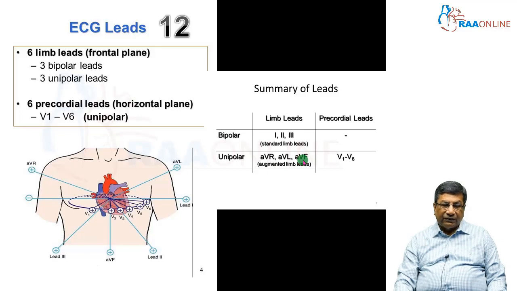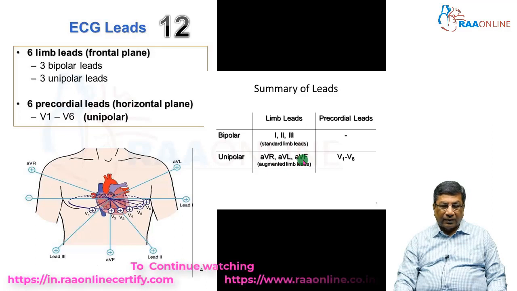So this is the classification of leads. 12 leads, 6 limb leads, 6 chest leads. You have bipolar and unipolar leads. We have only 3 bipolar limb leads. We have 9 unipolar leads which are divided into 3 unipolar limb leads and 6 unipolar chest leads.